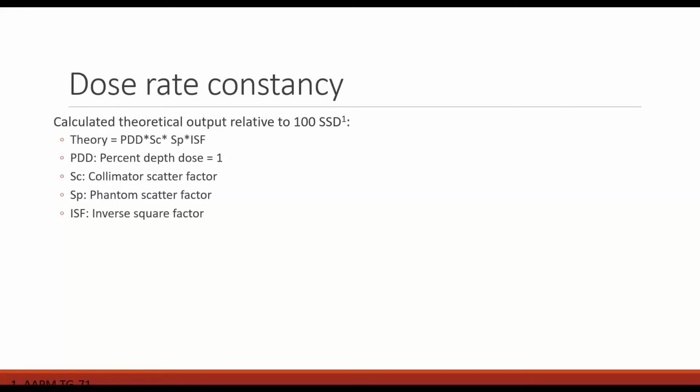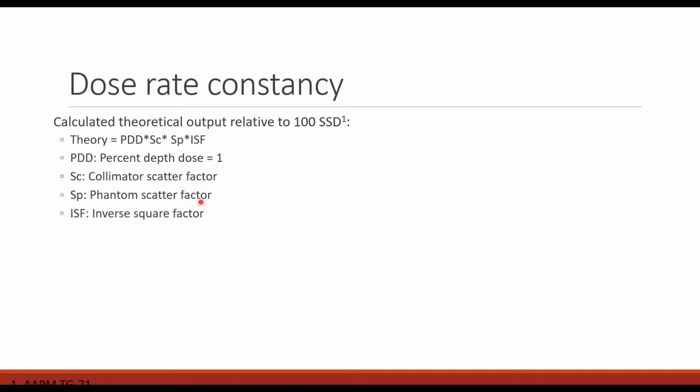We also calculated the theoretical output relative to 100 SSD according to TG71. In this case, our PDD is 1 because we took all of our measurements at Dmax. Our collimator scatter factor cancels out because we didn't change the collimator settings for any of the measurements.